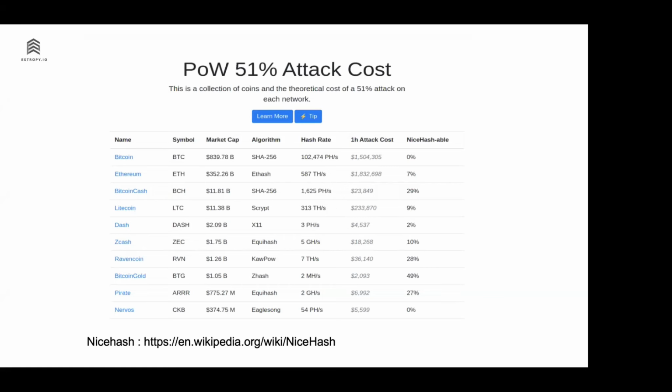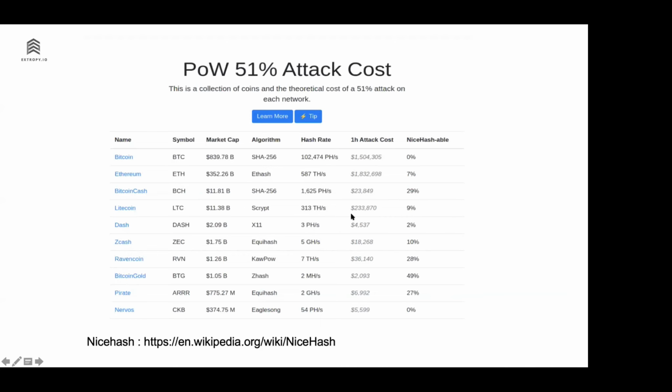So Bitcoin and Ethereum, if you look here, it shows you the amount that it would cost to attack this in terms of running certain servers for a certain time. And the top few are generally seen as being beyond the realms of doing an attack.